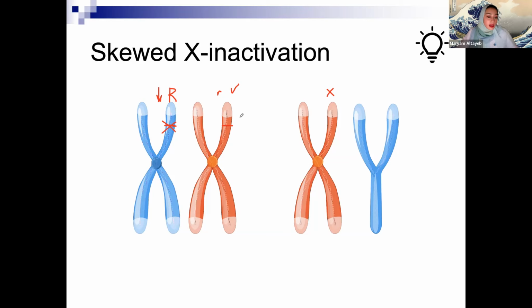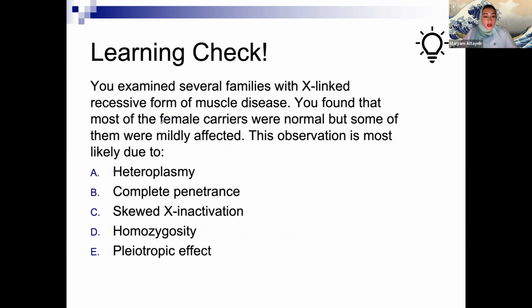Even though I'm a carrier, I might clinically manifest the disease with mild symptoms. It's never going to be as bad as someone who has two mutated chromosomes, because there's nothing normal. But that's why they're saying in this question that some of the carriers were normal, but some were mildly affected. This is because of skewed X inactivation.